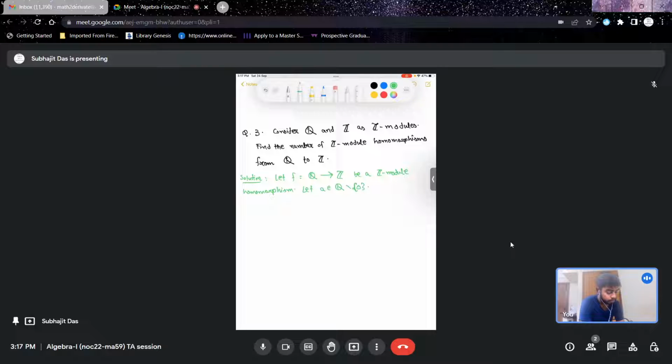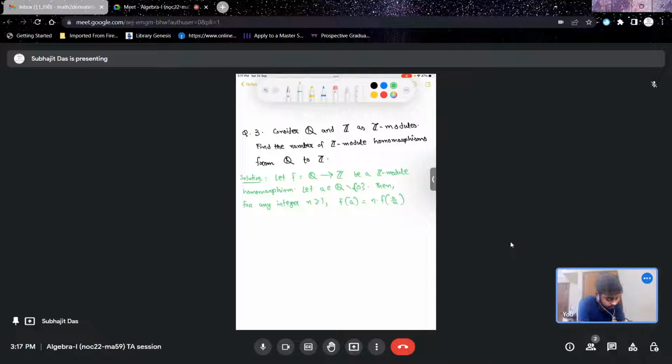So the point is, then for any integer n greater than or equal to 1, f of a is equal to n times f of a by n, right? This is precisely because f is a Z module homomorphism, so n times f of a by n is just f of a, right?